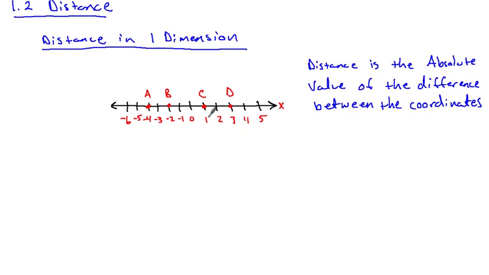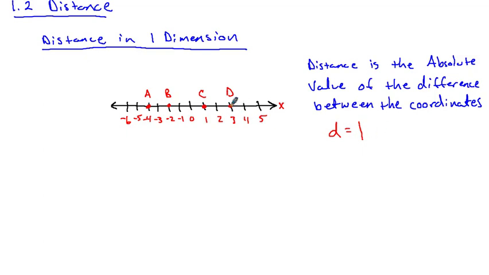All right, so looking at this picture here, when it says distance is the absolute value of the difference between the coordinates, the way you should think about that is that distance, d, we don't know what it is, so we're going to call it d for distance, is equal to the absolute value, remember that's a vertical line, of the coordinates.